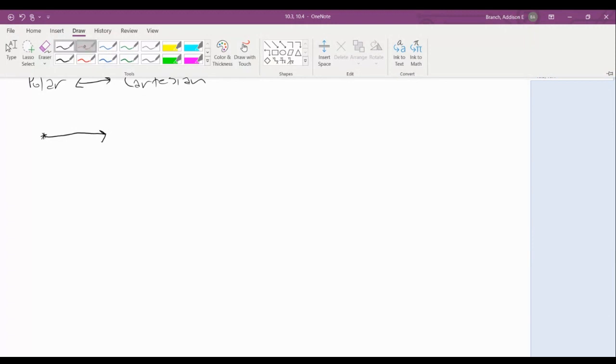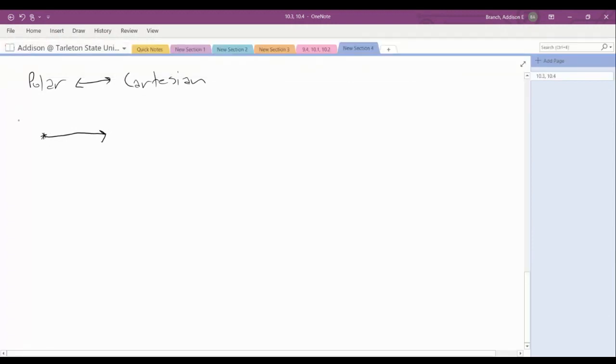So if we have our polar axis like this, we can essentially lay it on top of our xy plane in Cartesian. And then if we have a polar coordinate, our theta on our polar axis, this can be converted to x and y pretty easily.